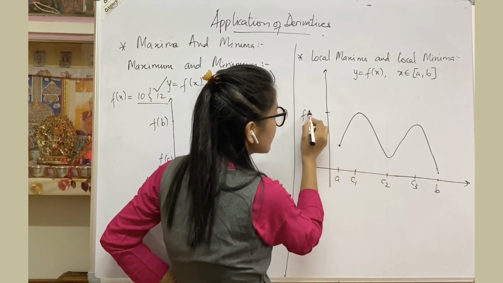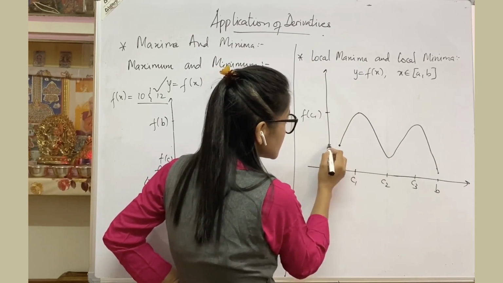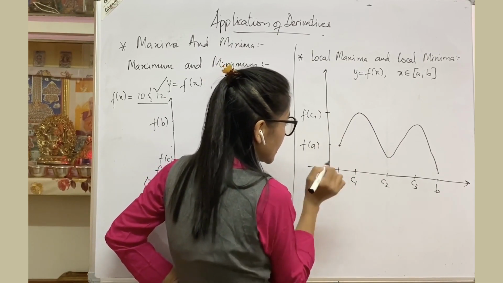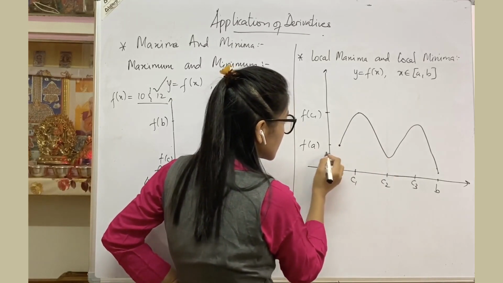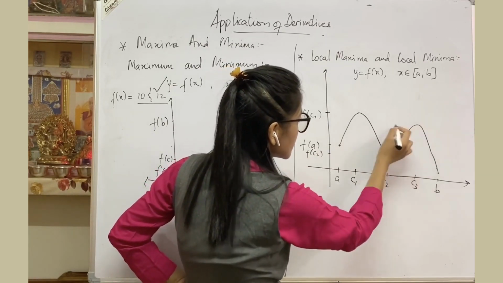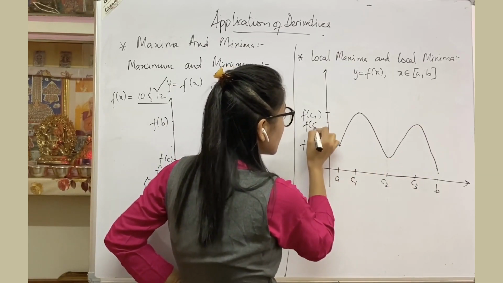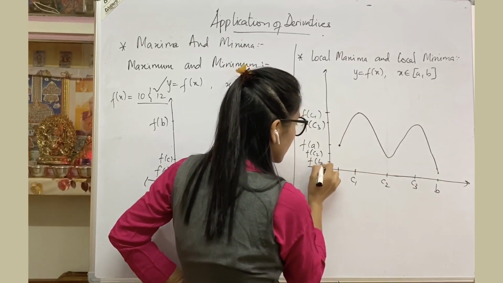Here you get f(c1), and this is f(a). This is f(c1), this is f(c2), this is f(c3), and this is f(b).